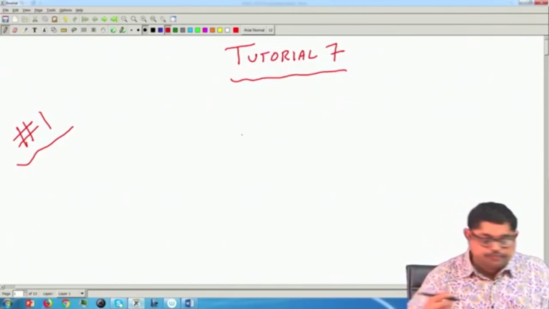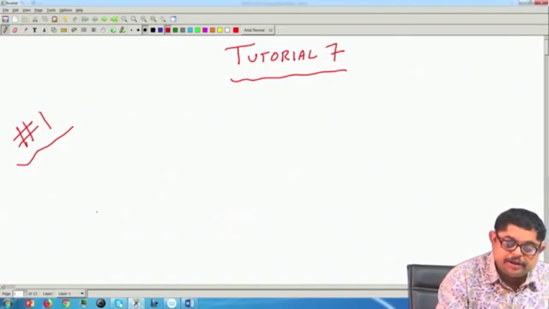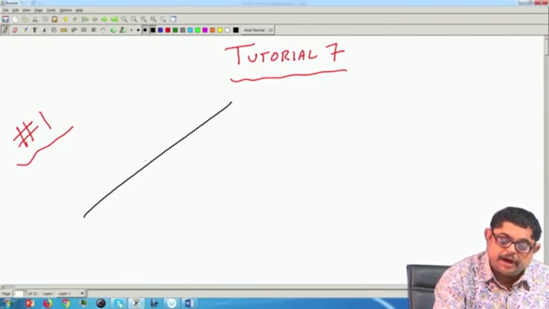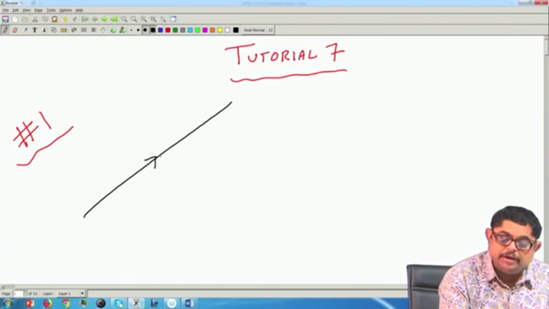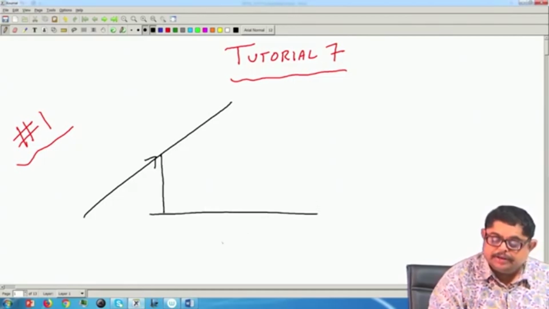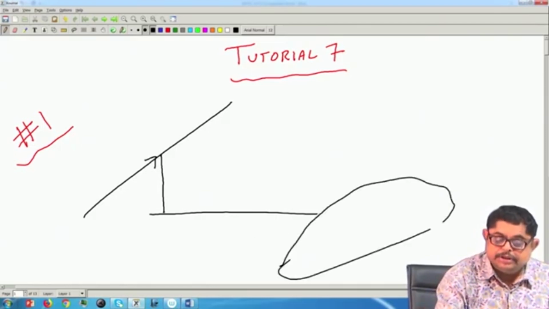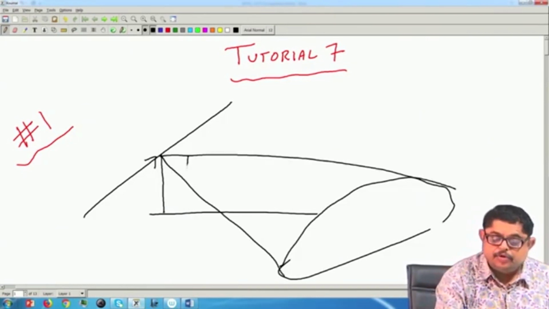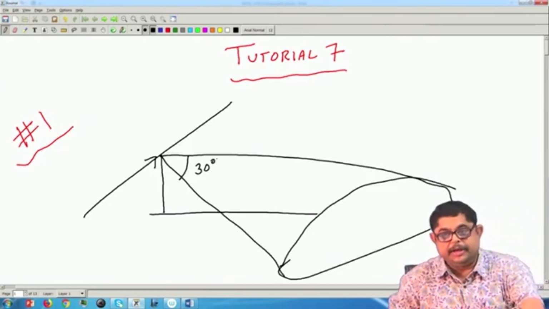So, the scenario is something like this: the radar or the aircraft is flying at a height of 1 kilometer from the ground, and there is a sector here, and this sector is 30° from any point.